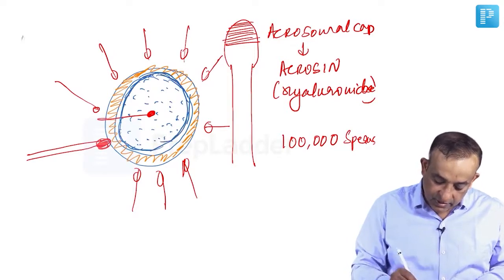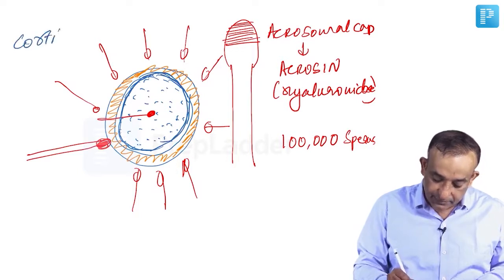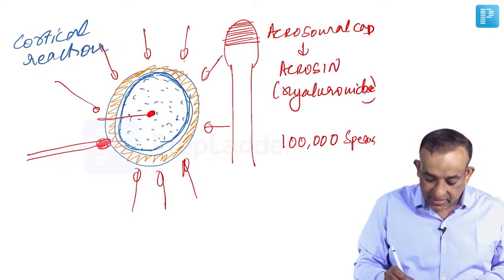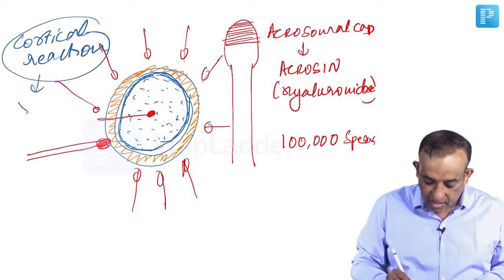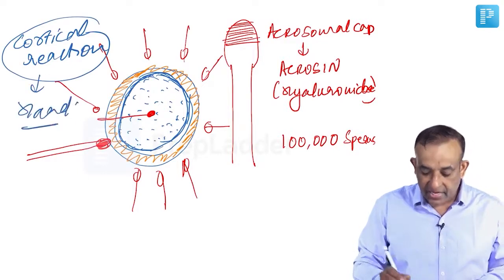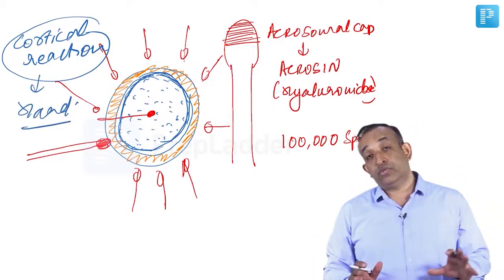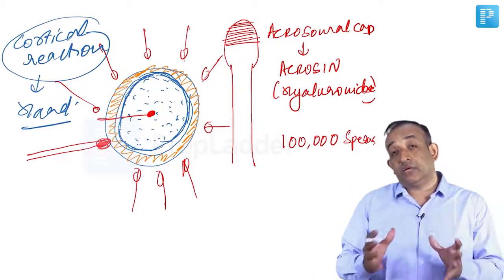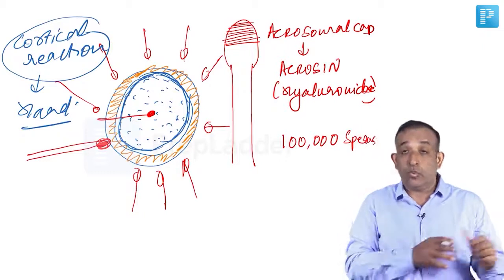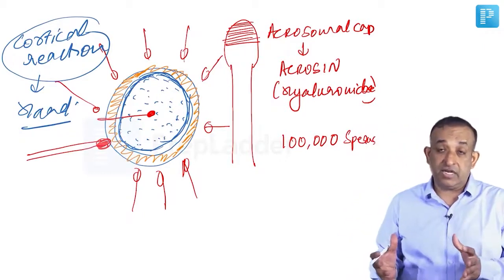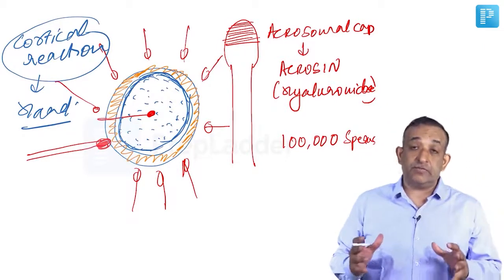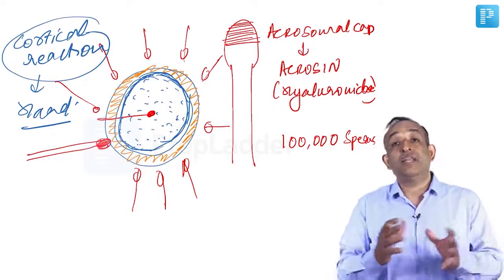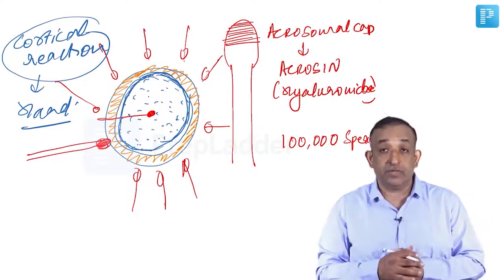So that is what is known as the cortical reaction. By this cortical reaction, the oocyte will become hard again to penetrate by any more sperms. So yes, the oocyte softens up with the acrosin of around 100,000 sperms. One sperm gets inside, fertilizes the oocyte, and a cortical reaction takes place, which makes sure that no more sperms can get into the oocyte.